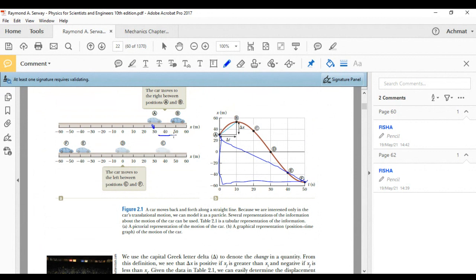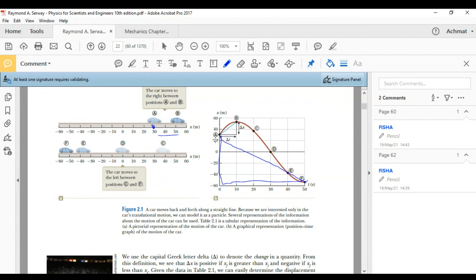From there, we move to the right, A, B, and then we move back to C. On this position axis, we started here, went to that position, then came back to C, back to D, so that I'm back at my reference position, then I continue in the opposite direction until we get to F.